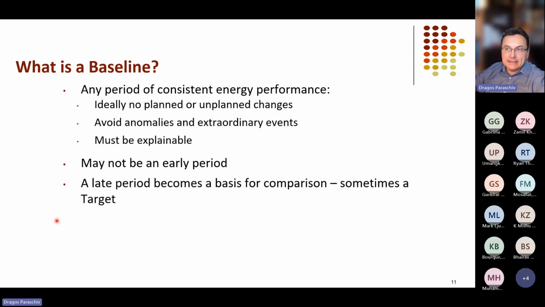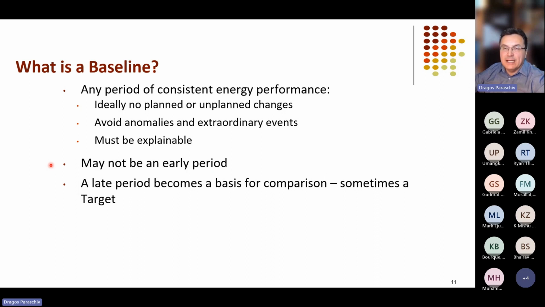So the baseline that we develop here is the reference that we want to use for comparing energy consumption before and after the project. Typically, we look at annual consumption whenever we have weather in our list of factors of influence because of the seasonal cycle.